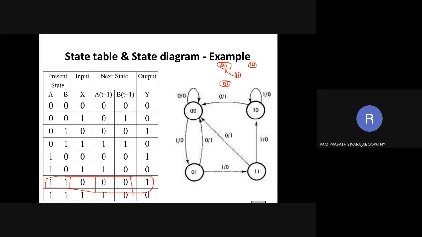Correct? After drawing the arrow, what should we do? What is the input? 0. What is the output? 1. So 0 by 1. Relate it here. Do you see it? Does an arrow go from 1 1 to 0 0? What is written? 0 by 1. Is it clear now?